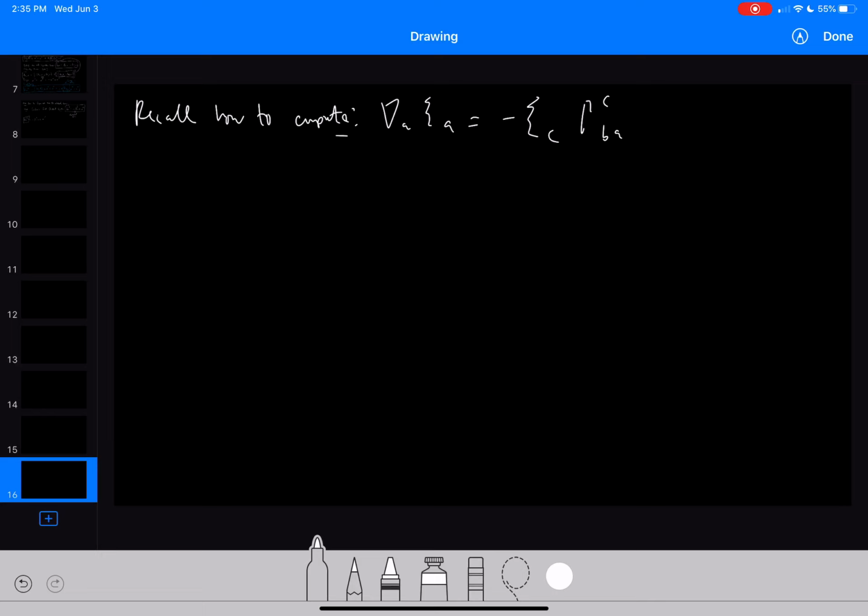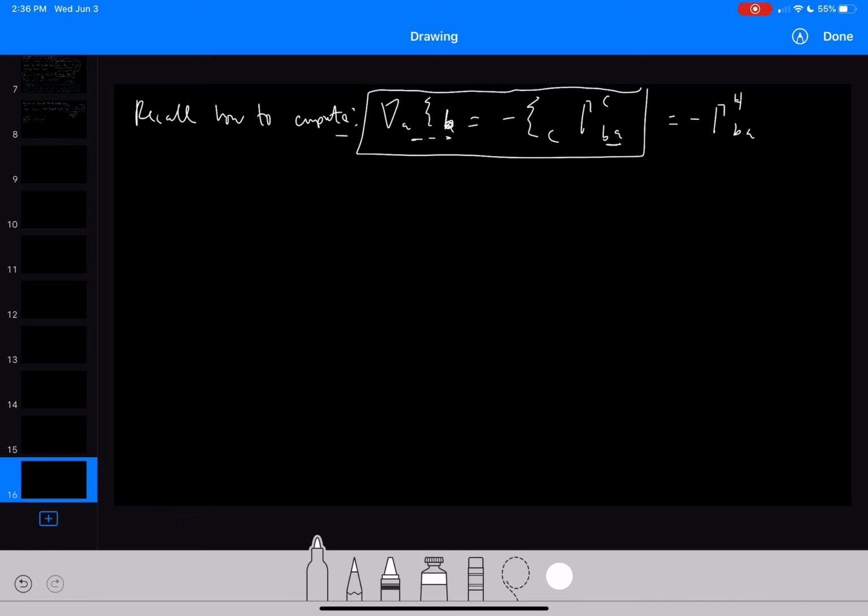I think I made a mistake on the indices. This should be B. Yes, that's the right formula. I knew I made a mistake because these indices were not matching. Now all the indices lined up, so it's good. This derivative is just equal to minus the connection coefficient Gamma^4_{BA}.